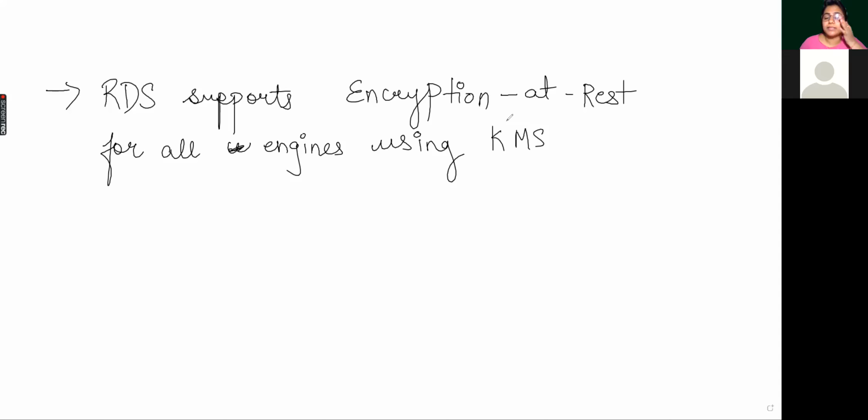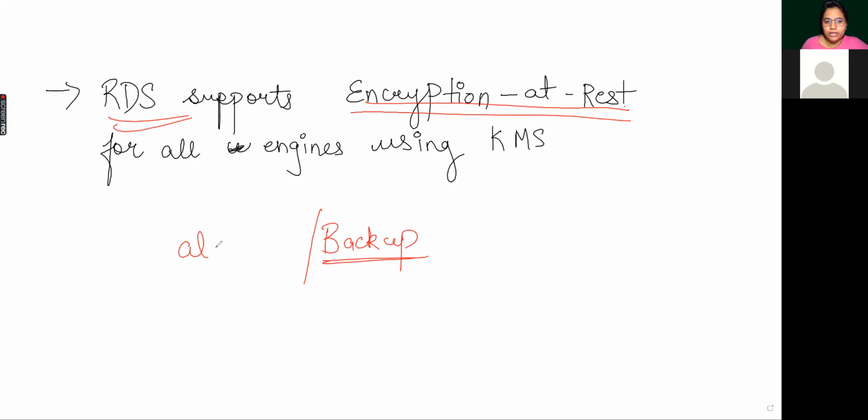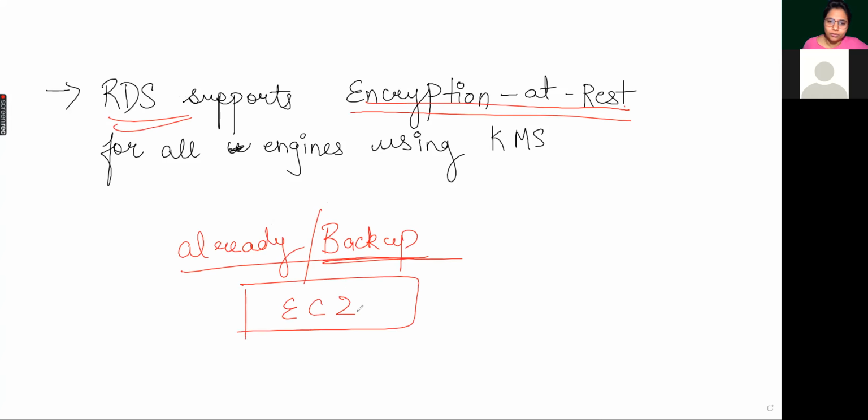So when we talk about RDS, it supports encryption at rest. It means the data which has already been created, the backup or the data which is already there in the EC2 instance, that data will always be encrypted.